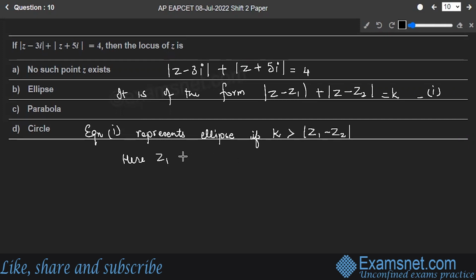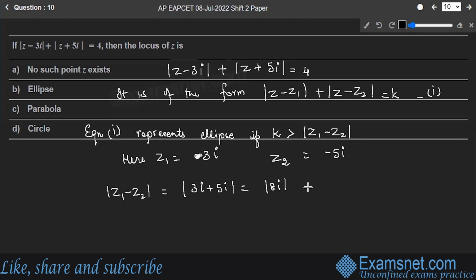Here z1 is minus 3 iota. No, it is 3 iota. Z2 is minus 5 iota. That means Z1 minus Z2, I'm doing 3 iota plus 5 iota, which is equal to 8 iota. So this is greater than this 8 iota, which is actually equal to 8.